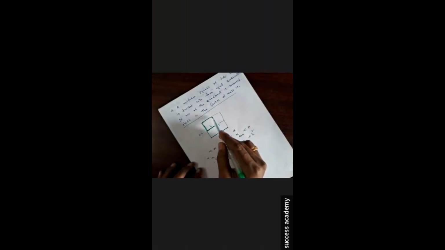Now I know the initial mass and I know the removed mass. Initial mass means the total mass of the body before removal of the particular part. Removed mass is how much mass is removed from that body.